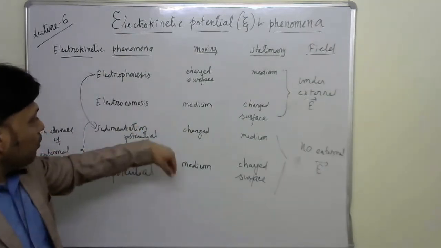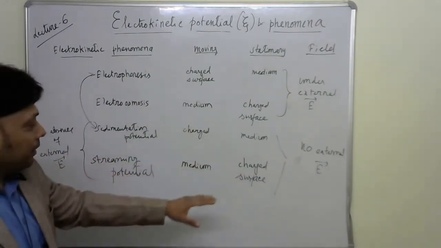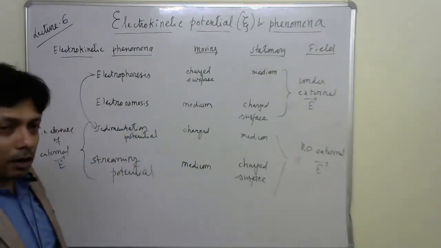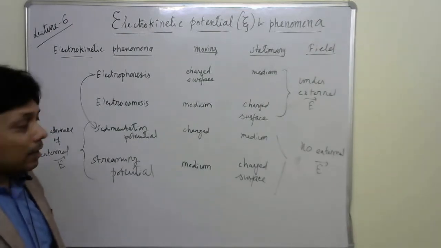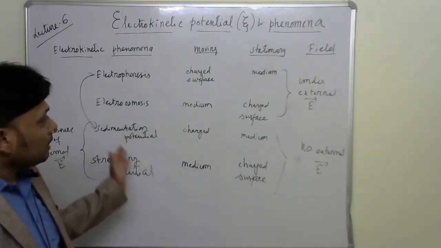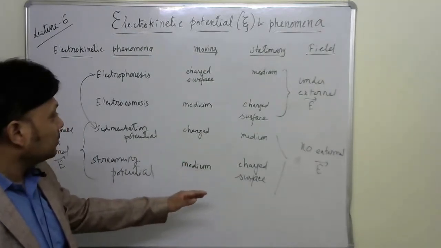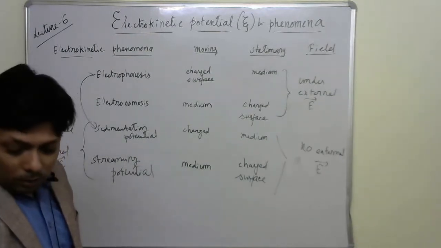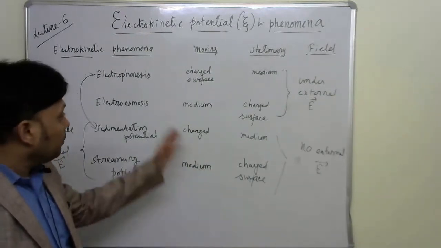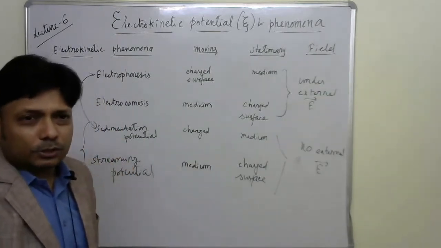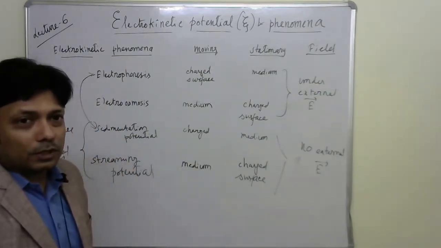And if the same movement happens without an external field, we get the streaming potential. So these four terms are very important, and we can understand them in a categorized manner. The way I have put it is the simplest possible manner. If we keep this picture in our mind, things get less confusing.